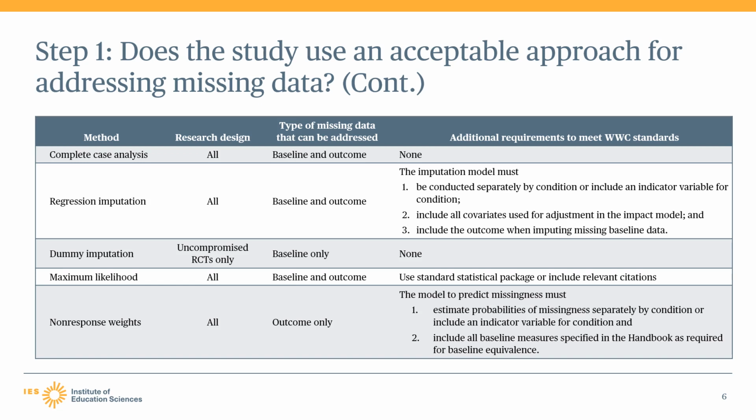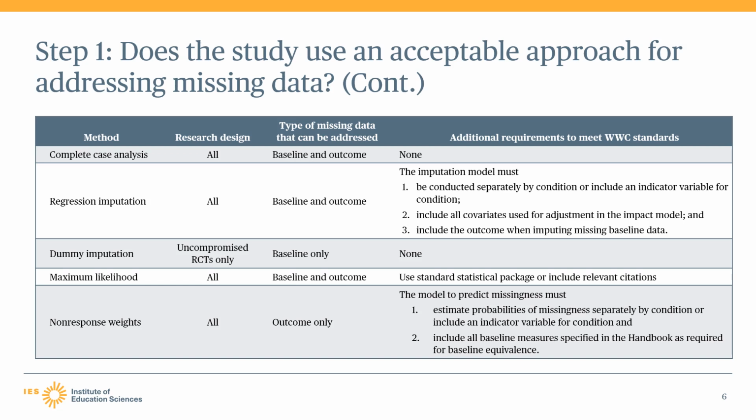In fact, although complete case analysis is a part of the WWC standards for missing data for the sake of completeness, studies that use complete case analysis are handled by the WWC standards for attrition and baseline equivalence. Any group design study using complete case analysis will be assessed only under the compositional change and baseline equivalence standards, and will never need to meet any of the additional requirements for studies with imputed data.